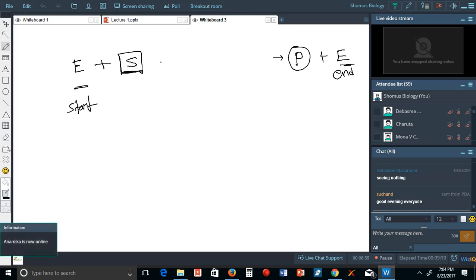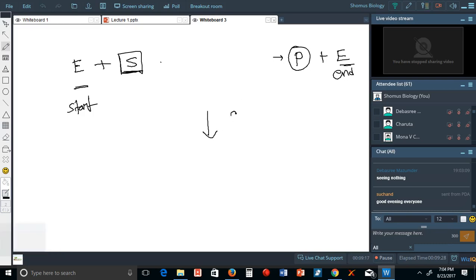So the enzyme literally is not altered in its structure. It's not involved in any kind of permanent structural change in it. Okay, but it helps in conversion of substrate into the product.